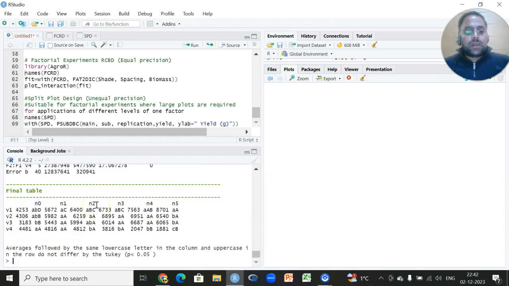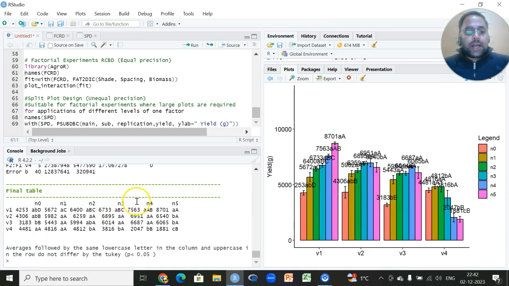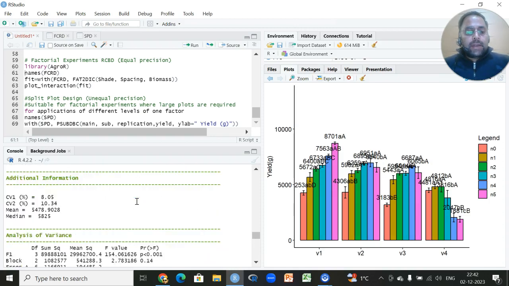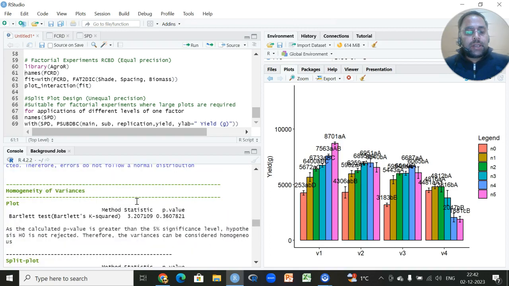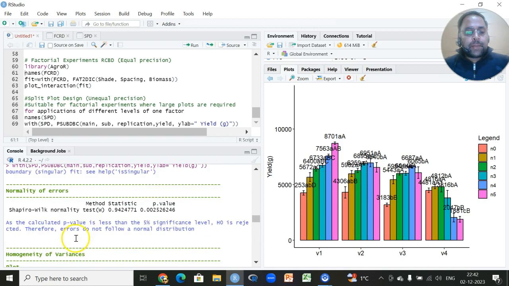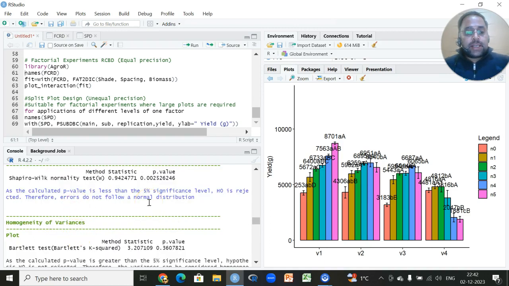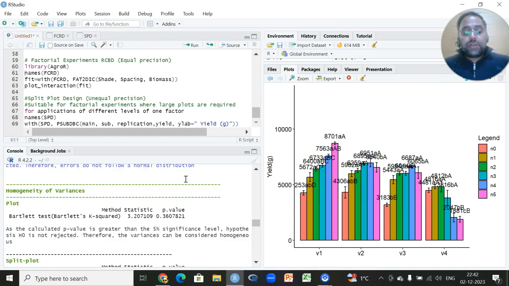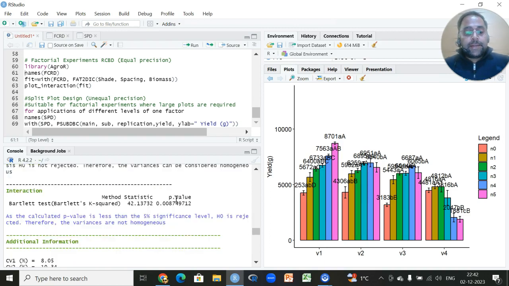Like in the previous design, we have similar results in this case, and you can see the Shapiro test in this example is significant, so the errors are not normally distributed. We have another problem here: Bartlett's test of homogeneity of variance is again significant, so the variances are not homogeneous, and there is no homogeneity of error variances.